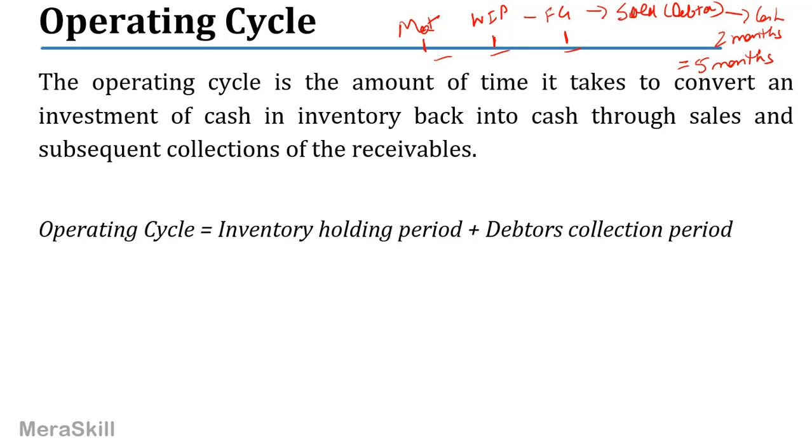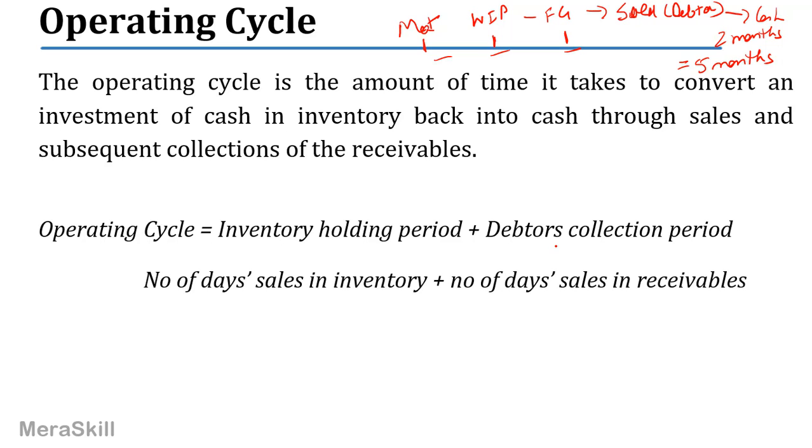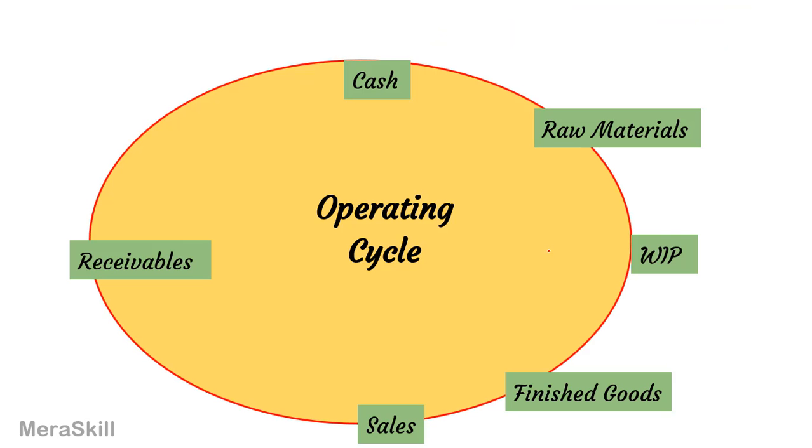It's the inventory holding period plus the debtor's collection period. The period for which we are holding the inventory in the form of maybe raw materials, work in progress or finished goods, and the debtor's collection period. So by the time it is converted to cash, number of days sales in inventory plus number of days sales in receivables.